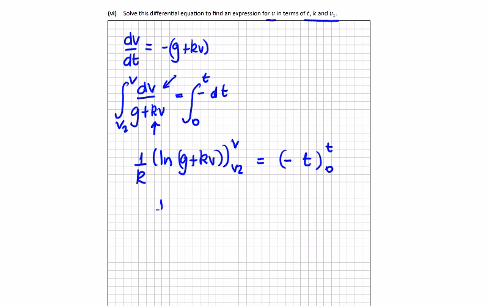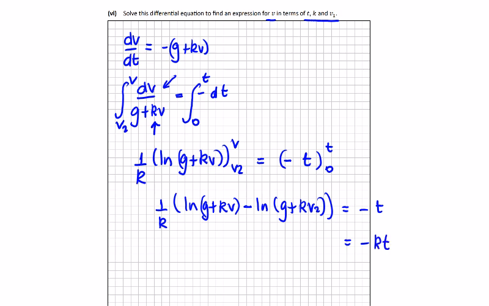So subbing in v, I get 1 over k times the natural log of g plus kv, and then it's going to be minus the natural log of g plus, putting in v2 for v, kv2, equals minus t. If I multiply by k, I'll get minus kt on the right hand side, and I can simplify this subtraction of natural logs as a division, g plus kv over g plus kv2.